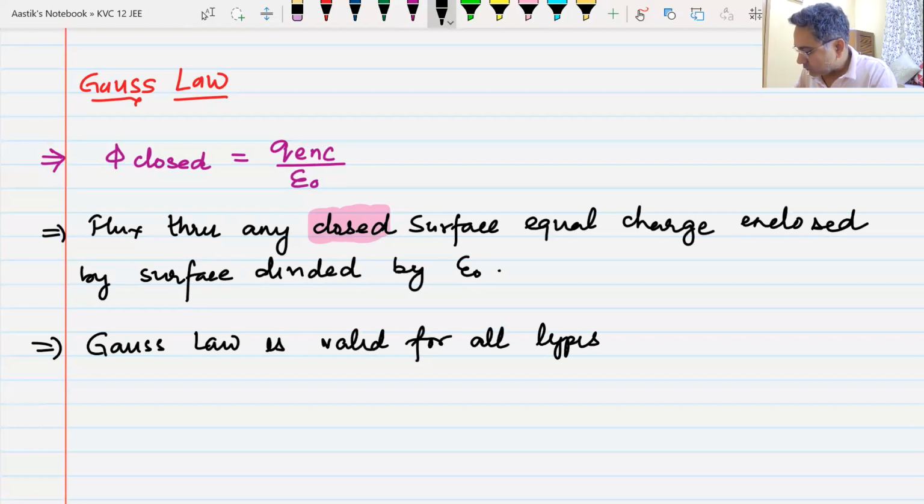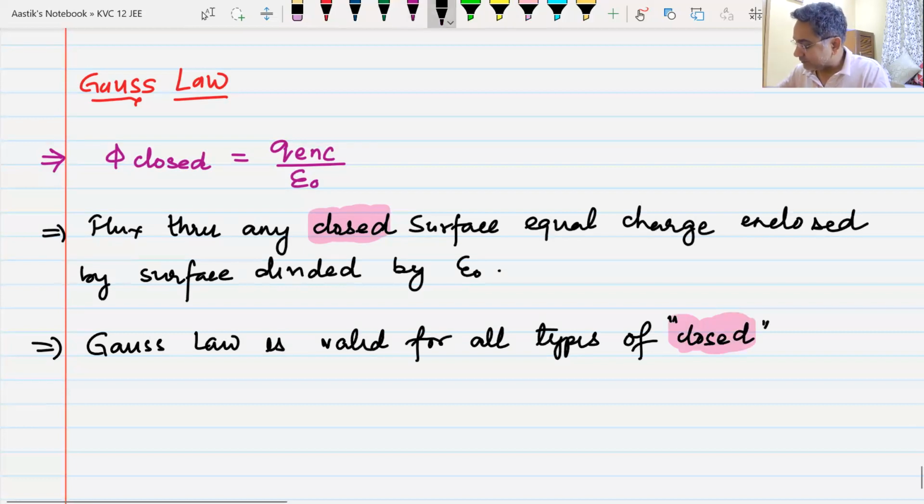Remember, this Gauss law is valid for all types of surfaces, but they must be what? They must be closed. If it is an open surface, Gauss law is not valid. Do we understand this? Yes, sir. It's valid for all types of closed surfaces.